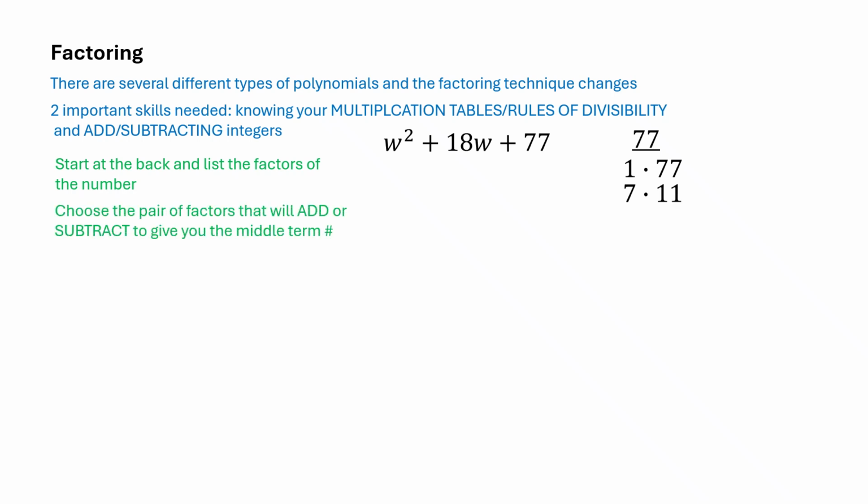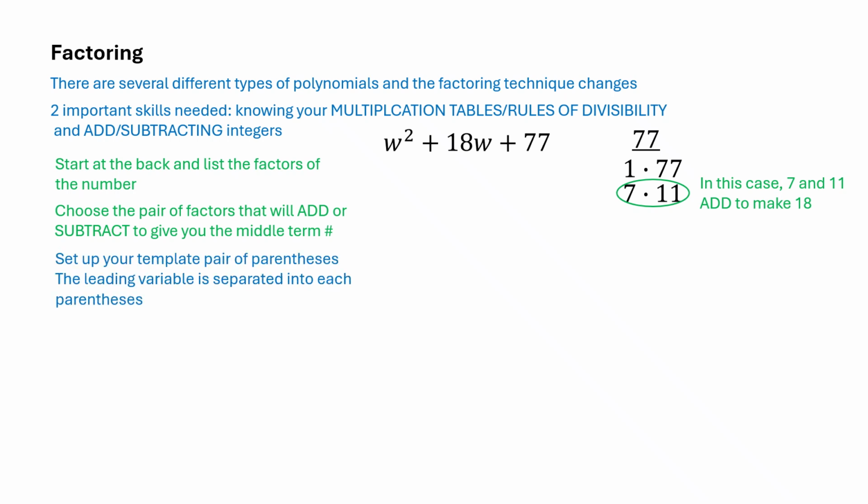Now you have to ask yourself, which pair of factors, 1 and 77, or 7 and 11, will give you the middle number? Did you guess 7 and 11? In this case, 7 and 11 can add together to make 18.